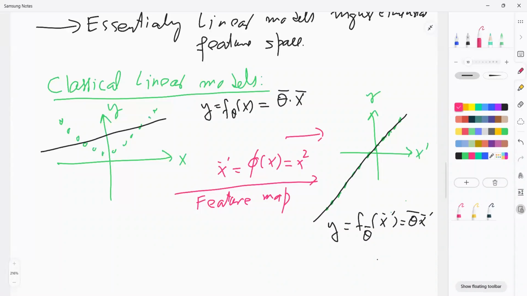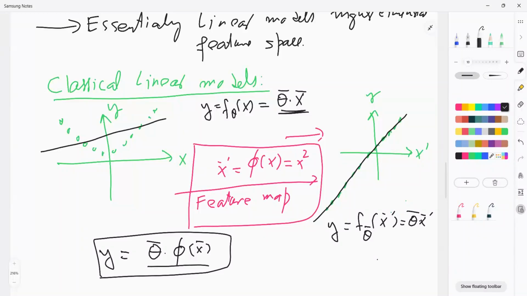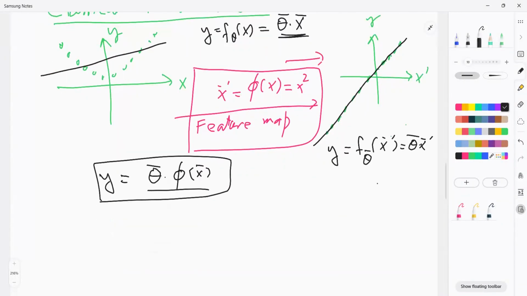So this transformation made us fit our linear model better. So in effect, what we were able to do was implement essentially this model. Not f of x, but phi of x. So instead of implementing this one, we implemented theta dot phi of x. In this case, we have the same dimensional space. We go from x to x prime, but sometimes we can go to a higher dimensional or a different dimensional space as well.